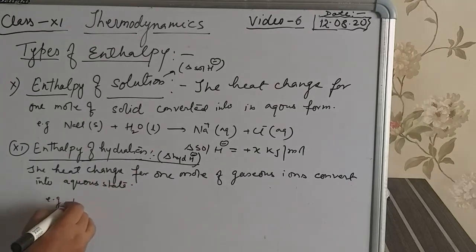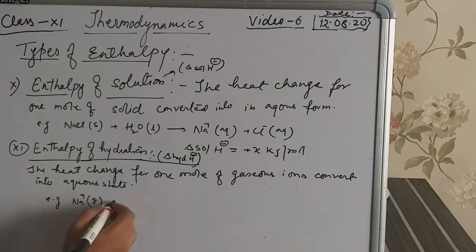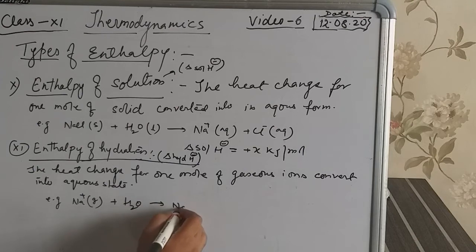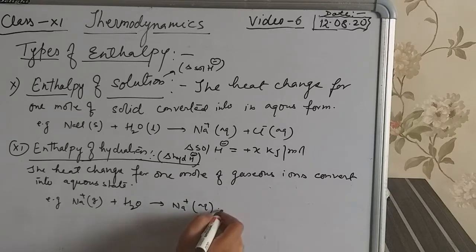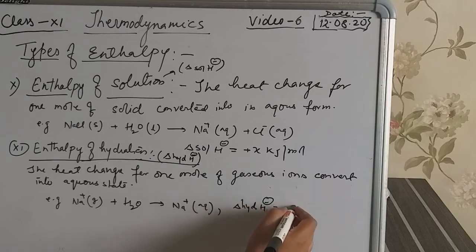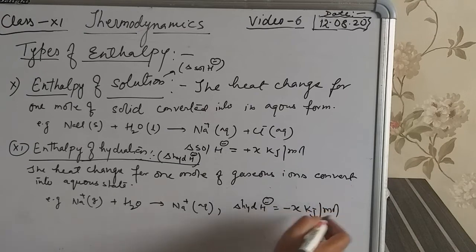Suppose we have sodium ions in vapor form, which then dissolve in H2O. So we have sodium ion aqueous, and the heat released is known as del H hydration, suppose XYZ kilojoule per mole.